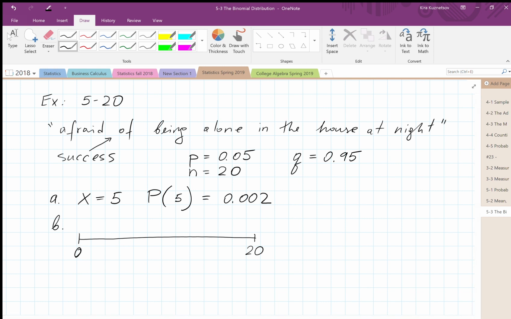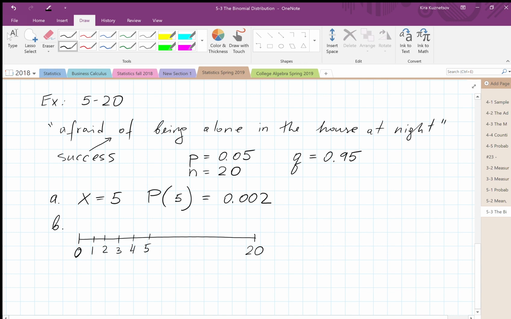The 20 is unlikely, because if the probability of success is only 5%, and I select 20 people and all of them are afraid of being alone at night, that's unlikely. Because this is a binomial distribution, it is a discrete distribution, so there is nothing between 3 and 4, and nothing between any 2 consecutive integers.